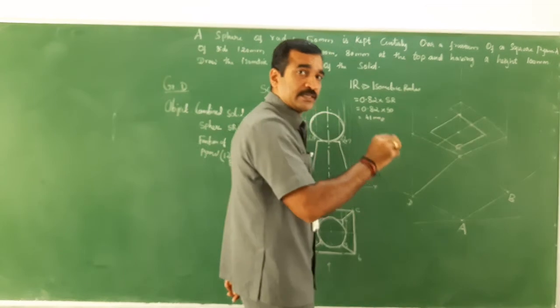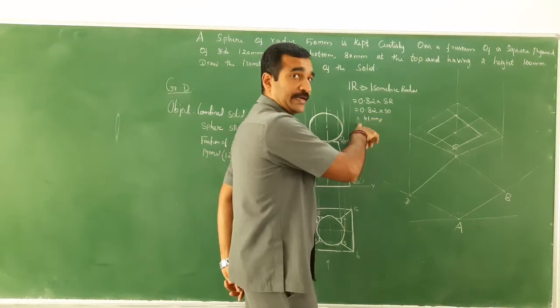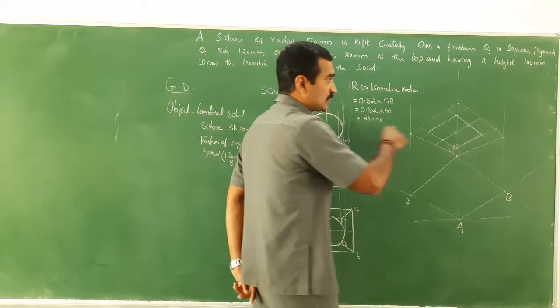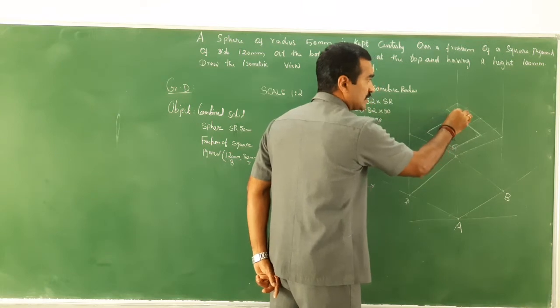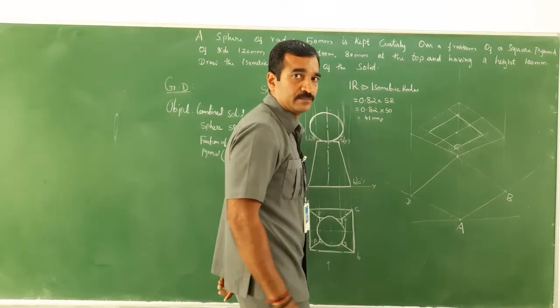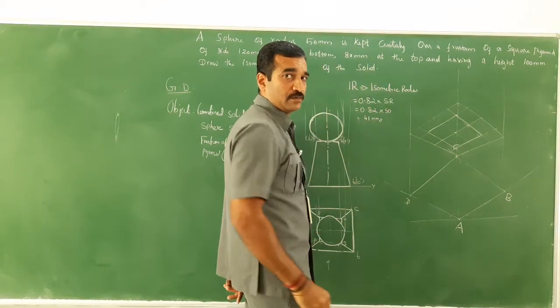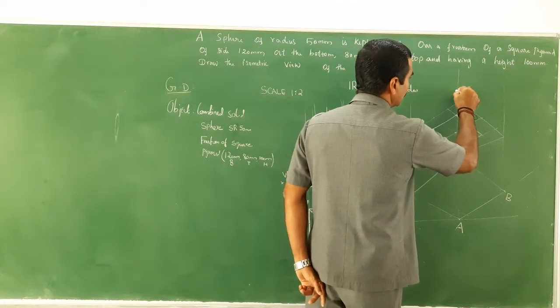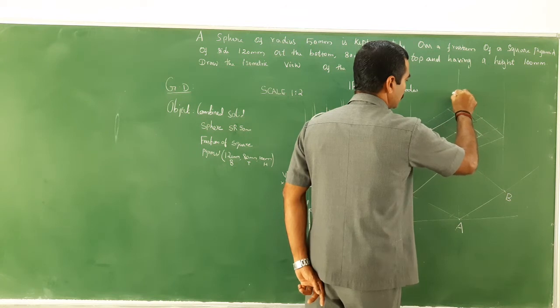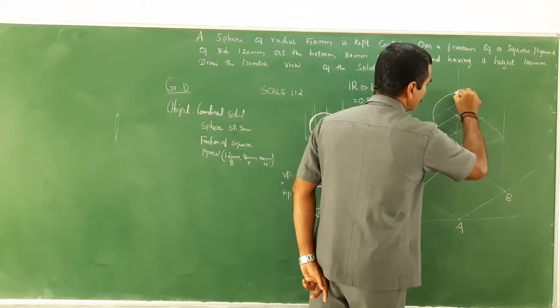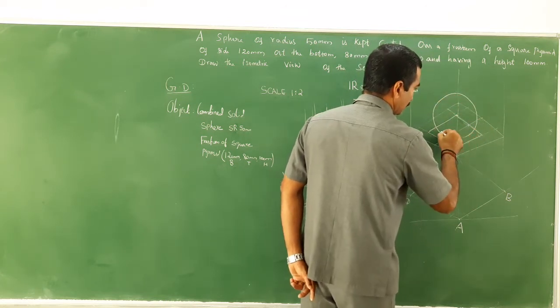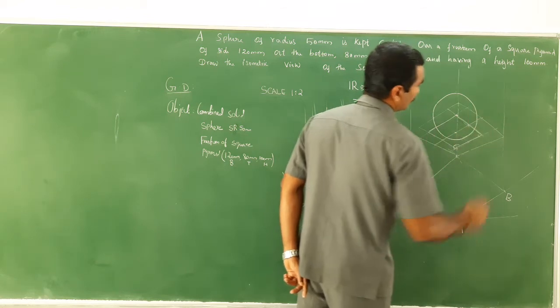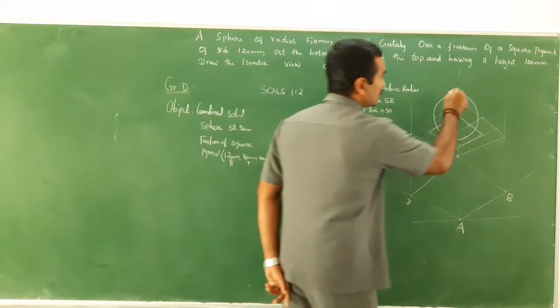As far as the sphere is concerned, after finding the isometric radius, we just marked here. Now this is the center of the sphere. Now draw a full circle of radius 25 mm. Right. Now darken the sphere.